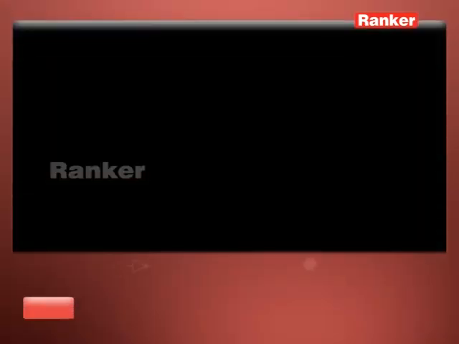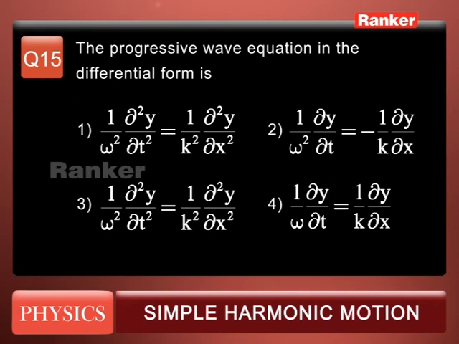Now see question number 15. The progressive wave equation in the differential form is given as: first option, 1 by omega square d2y by dt square is equal to 1 by k square d2y by dx square. The second option, 1 by omega dy by dt is equal to minus 1 by k dy by dx.